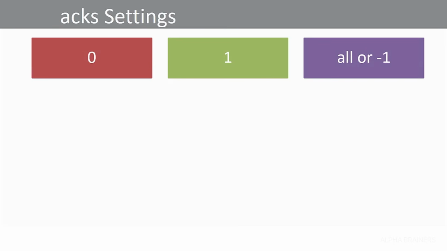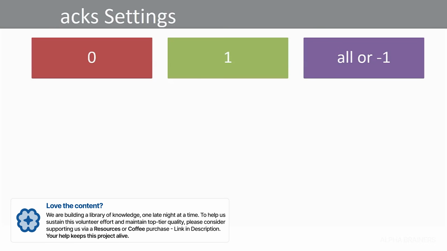We have 3 different possible settings that we can set the ACKS parameter to. This is when you set up your producer. It's one of the parameters you can set. Set it to a value of 0, 1, or the last one is either all or -1. They mean the same thing. A value of 0 basically means let's send the information and we won't even care what the response is at all. Either it worked or it didn't work.